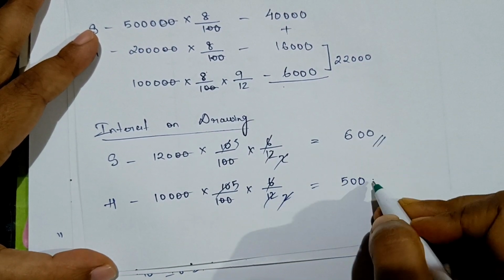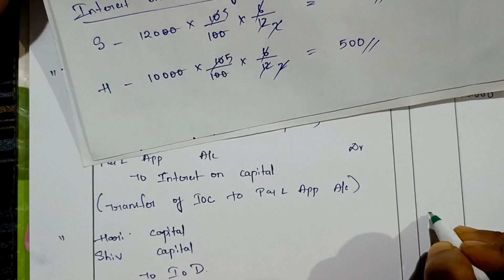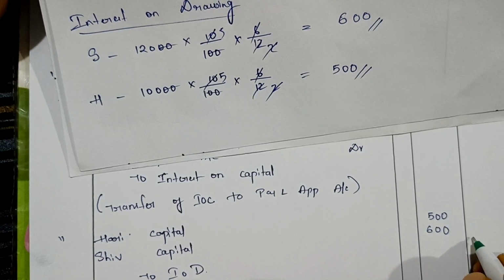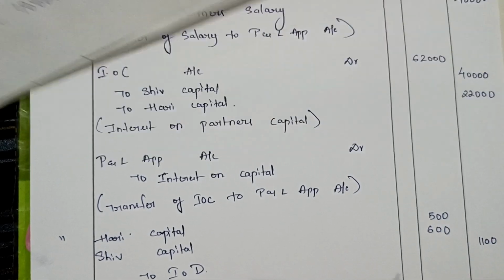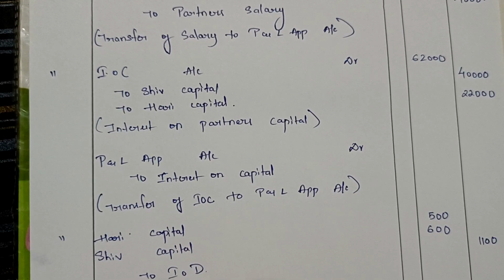So these are the interest on drawings for both: Hari 500 rupees, Shiv 600, total will be 1,100. The narration for this entry will be the interest on partners' drawings.